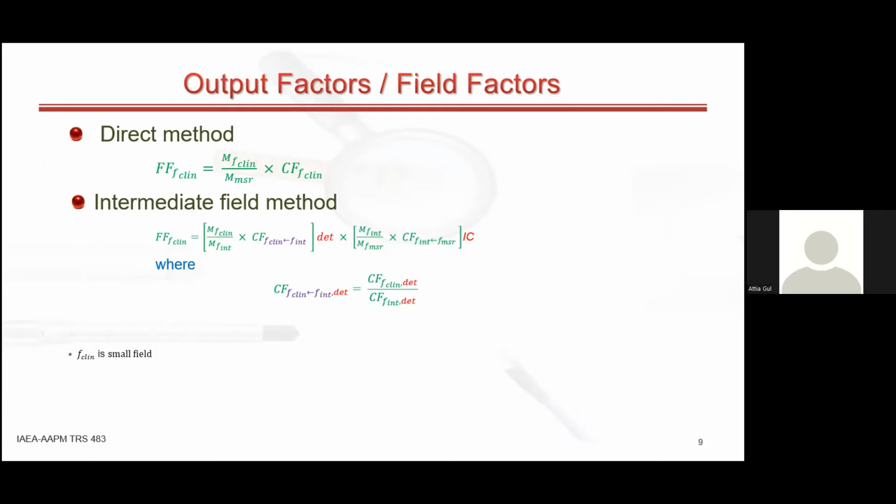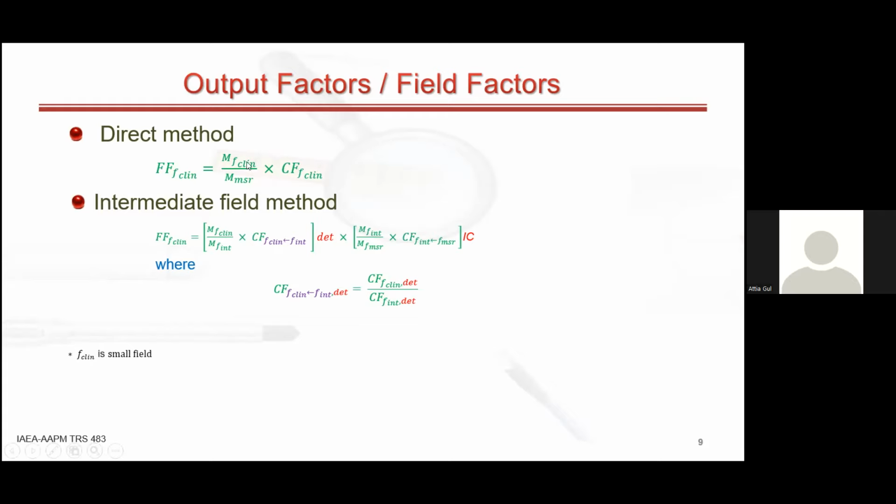If we go into detail of field output factors, there are two methods through which we can measure them. One is the direct method, in which only one detector is required. I have used the same notations that are used in TRS 483.